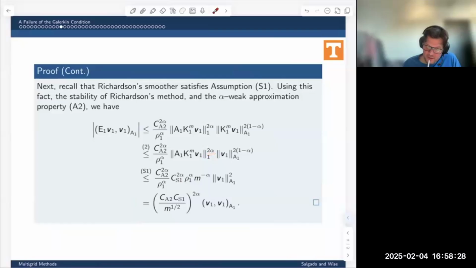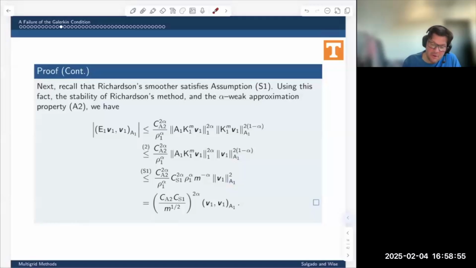So what does that say? Plus, I can't forget something else. There's also another factor of the norm of V1 in the A1 norm, with exactly the right power so that when I add the powers together, this 2 alpha or 1 minus 2 alpha becomes 2.